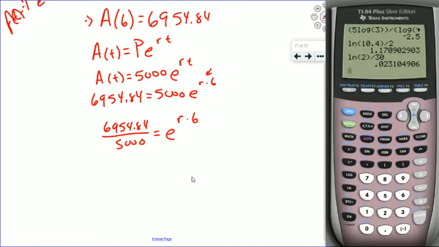So I have some number equals some exponential statement, so I want to rewrite this as a logarithm. Log base e is ln of the other side of the equal sign, 6954.84 over 5,000, and that's going to equal r times 6. Then we divide both sides by 6, and that's going to give us r. So let's go ahead and figure out what that number is.